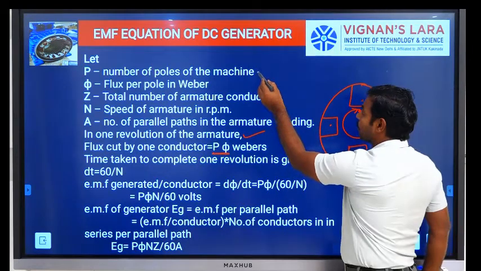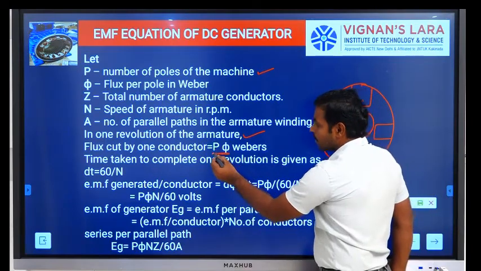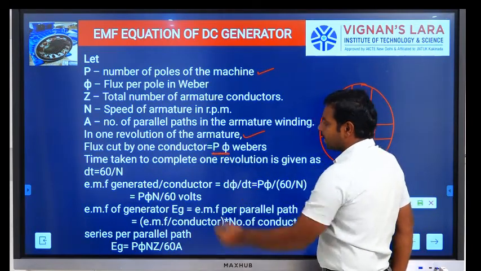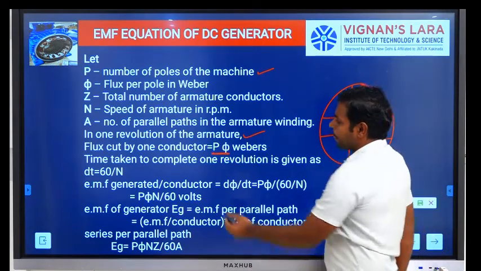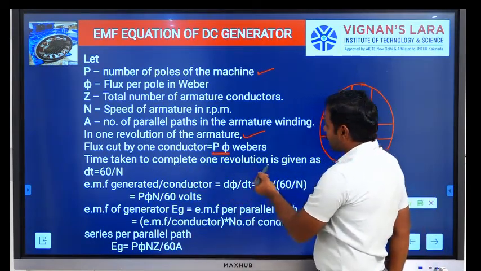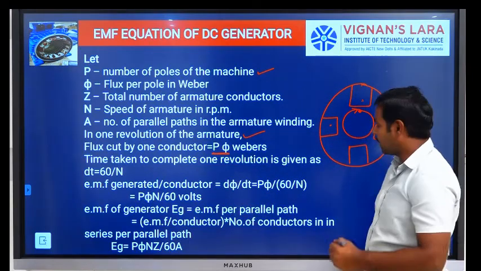The number of poles in the machine is considered as P poles. That's why the flux cut by one conductor is equal to P into phi.